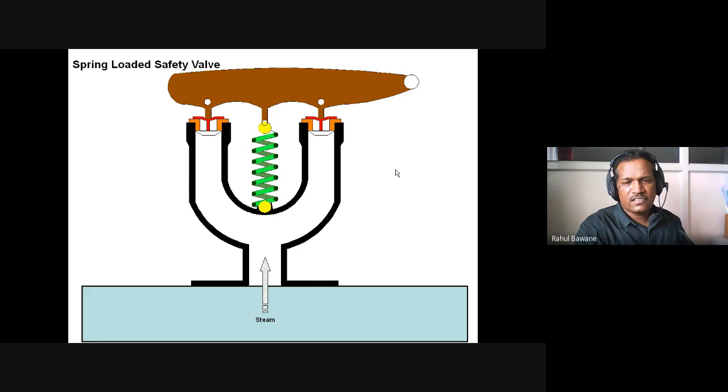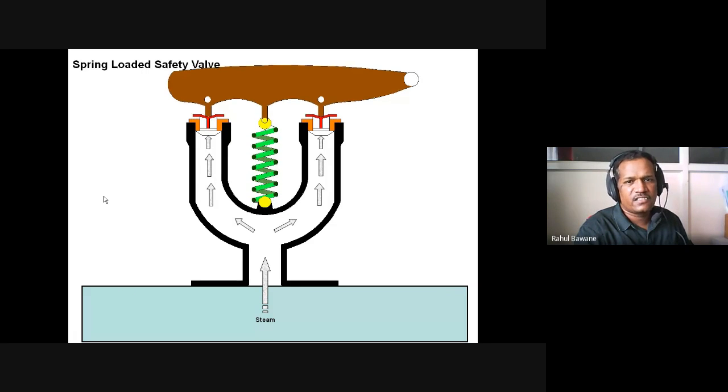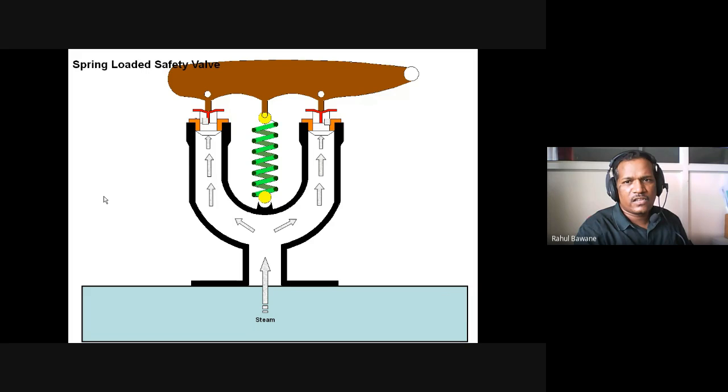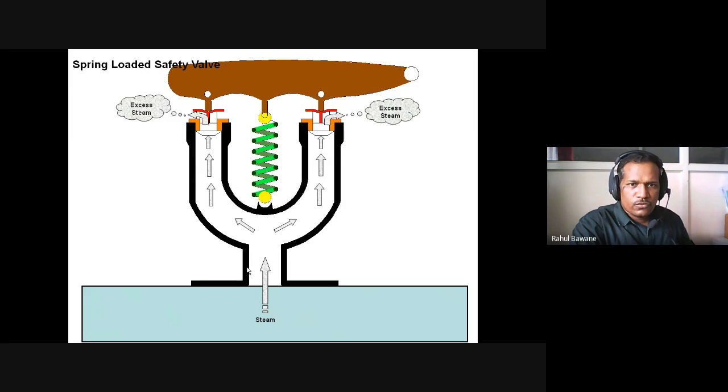In that case, the steam will act on the valve and the valve will be lifted against the spring tension. As the valve gets lifted, the excess steam pressure is exhausted. Once pressure is restored in your steam drum, the spring tension brings the valve back to its closing position and the valve gets closed again.